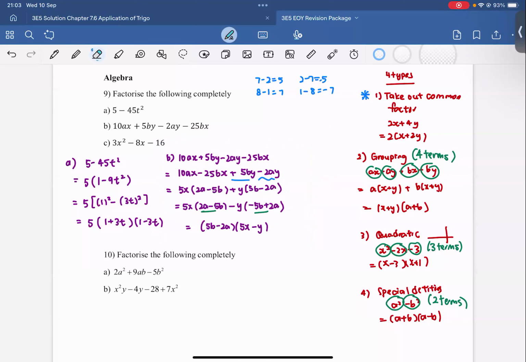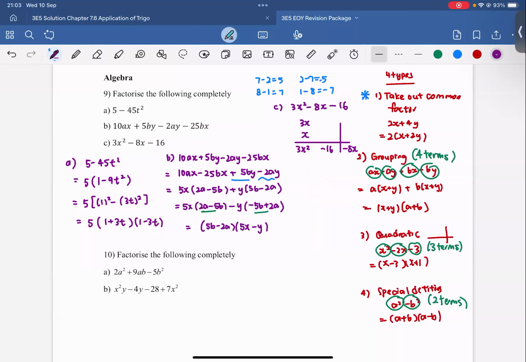Okay, next part C. This is your multiplication frame. So 3x squared here, minus 16 here, minus 8x here. So one of them must be 3x, the other must be x. So now you have to guess and check lah.